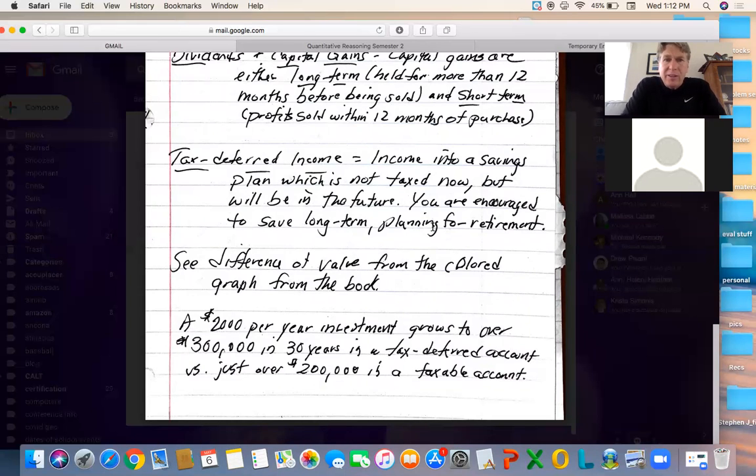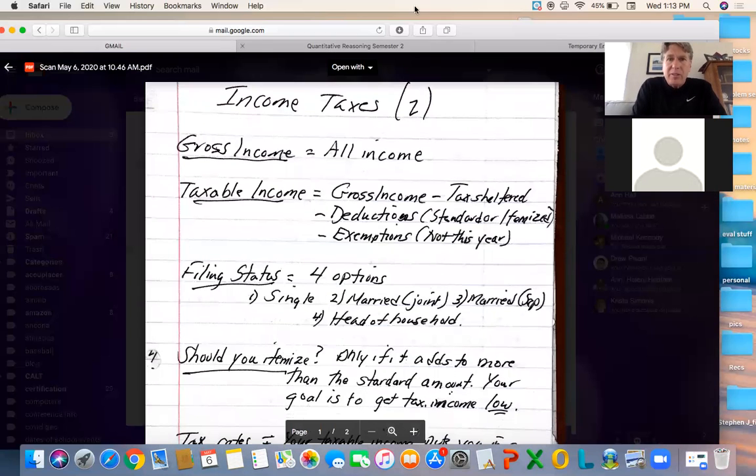So the advantage of tax-deferred income is that you save on taxes and the investment makes more money over time. The big decision there is, can you wait that long to have it? That's the key terms and information for this week.